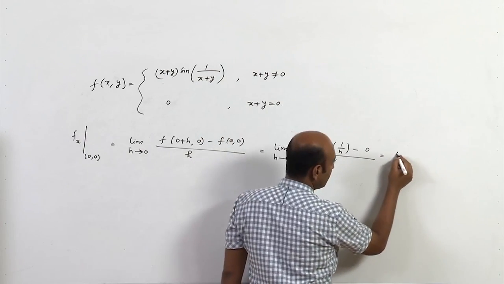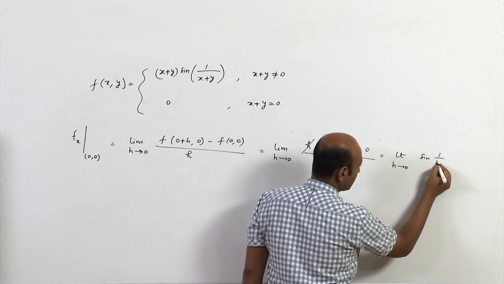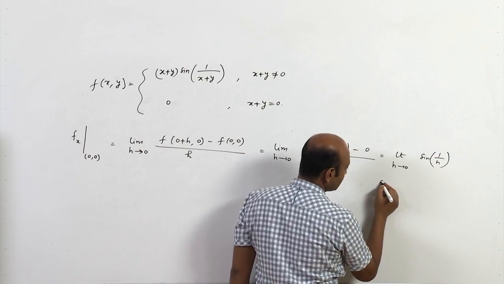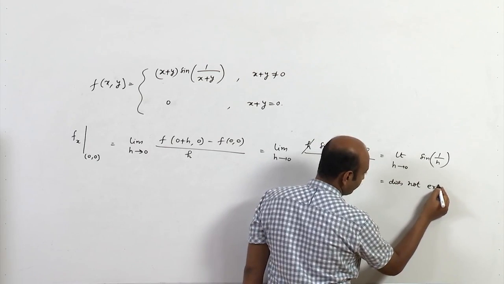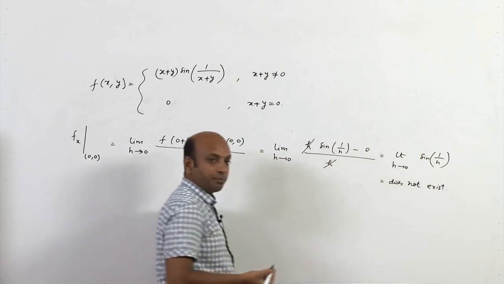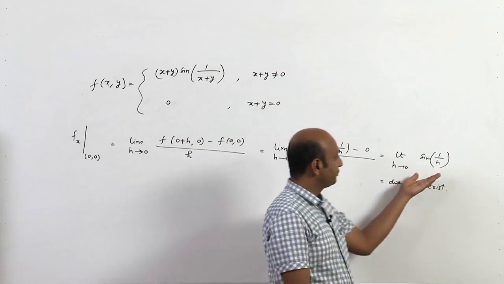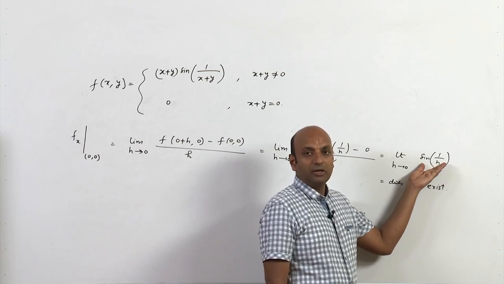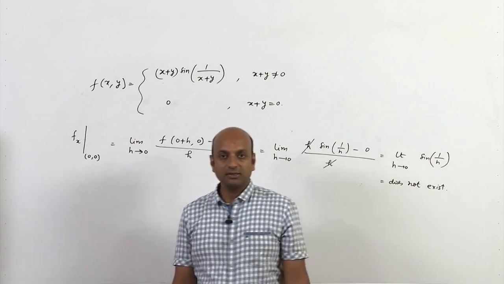So, this is the limit as h tends to 0 of sine 1 by h, and this does not exist because it is not a unique value. It lies between minus 1 and plus 1, but it is not unique. So, the limit does not exist.